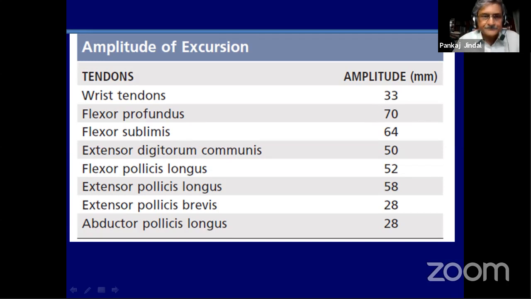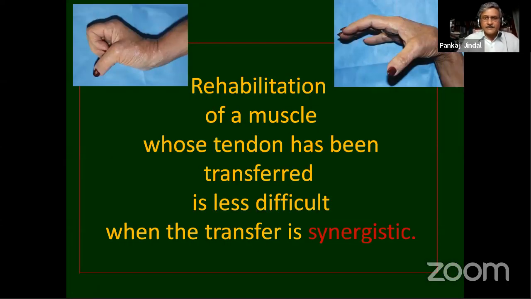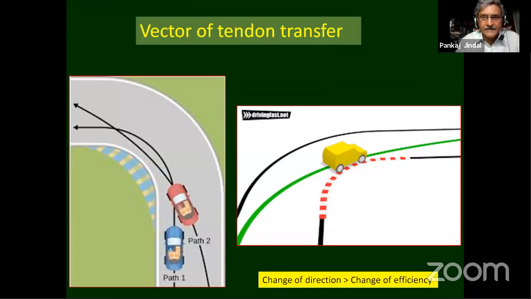We'll talk about that. The next thing, synergism, we talked about it. Rehabilitation of a muscle whose tendon has been transferred is less difficult when you transfer a synergistic muscle. Therefore, always choose preferably a synergistic muscle. Then we talked of the vector. The blue car will have a difficulty in maneuvering this curve as compared to the red car. Similarly, this van, when it makes a straighter curve, it is easier for it to maneuver.